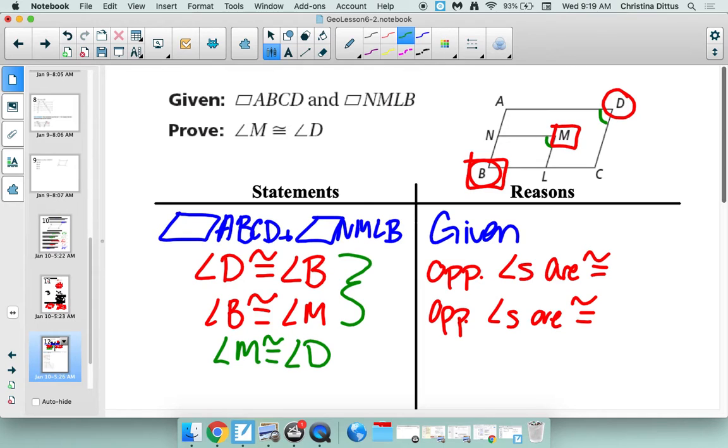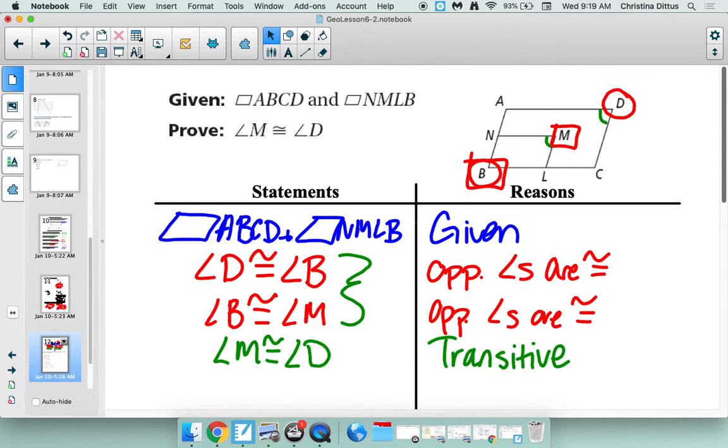Starts with a T. Yeah, the transitive property. If they're both congruent to the same thing, then they have to be congruent to each other. That wasn't horrible. Just that last step was bad.